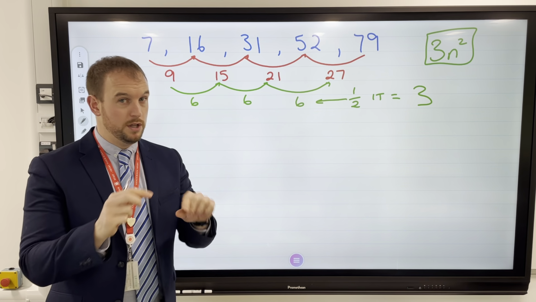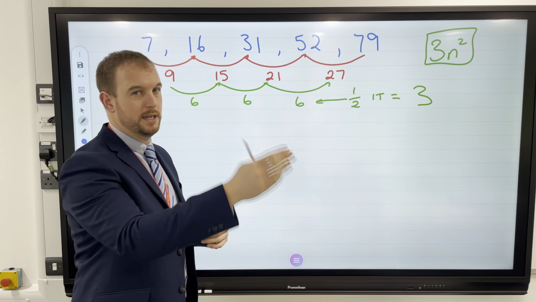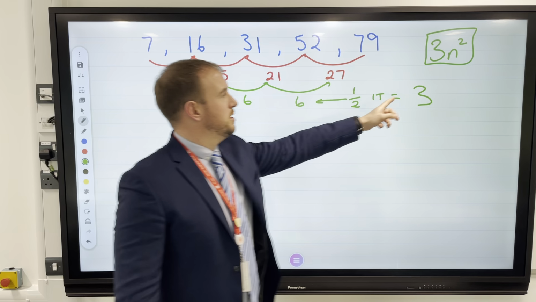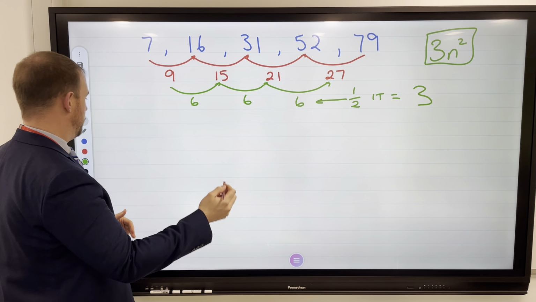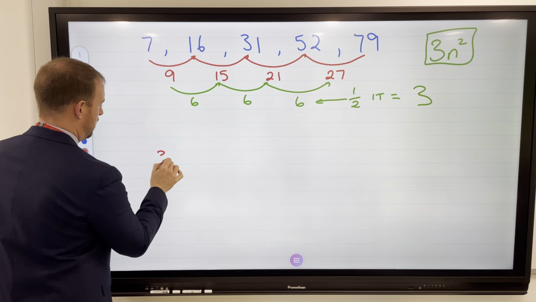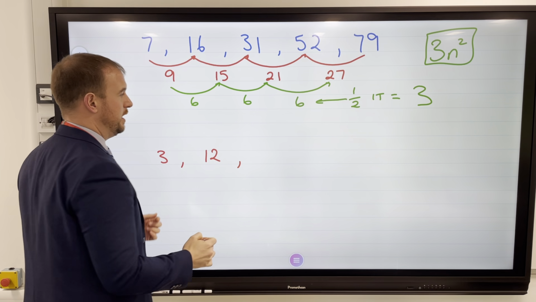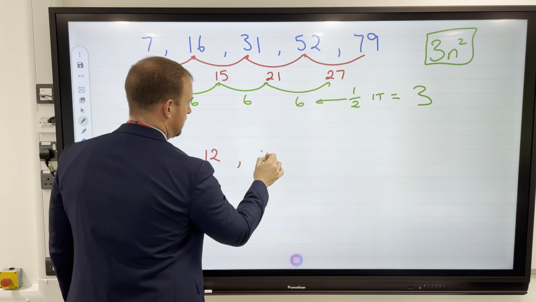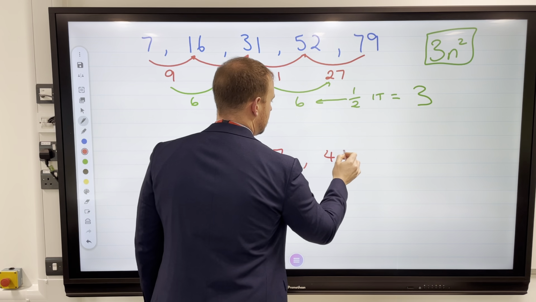Now you wrote down the n squared sequence earlier on. Okay, 1, 4, 9, 16, 25. We now need to write down our 3n squared sequence. So 3 times 1 is 3. 3 times 4 is 12. 3 times 9 is 27. 3 times 16 is 48.